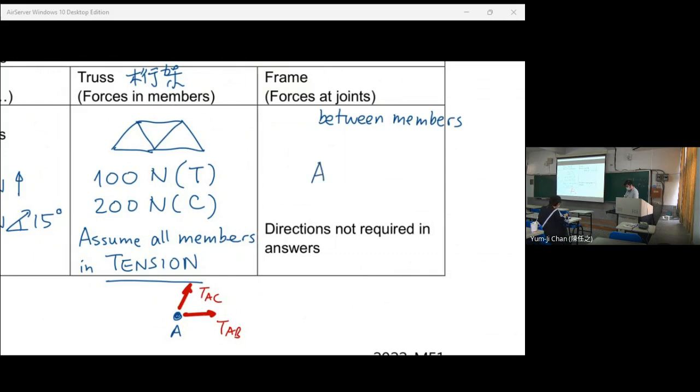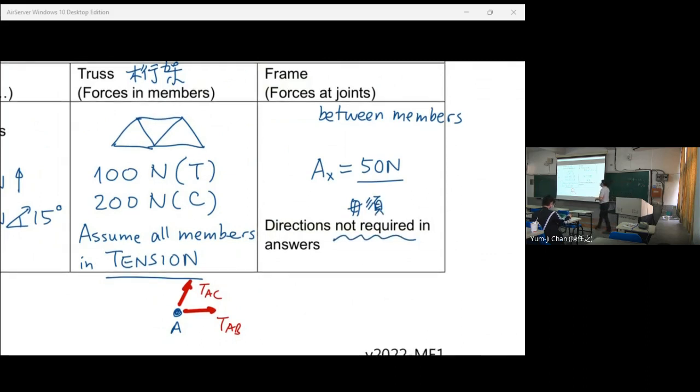But in answers, we only write the magnitude and we do not write direction in answers. So you only write the magnitude of the forces.